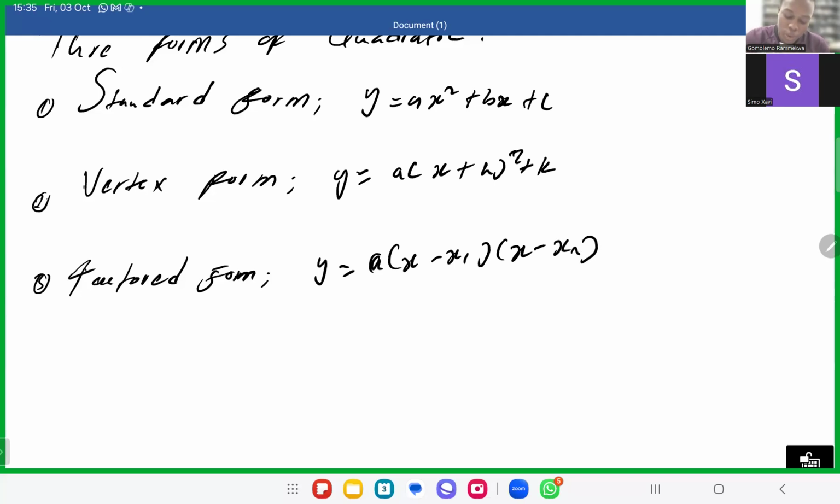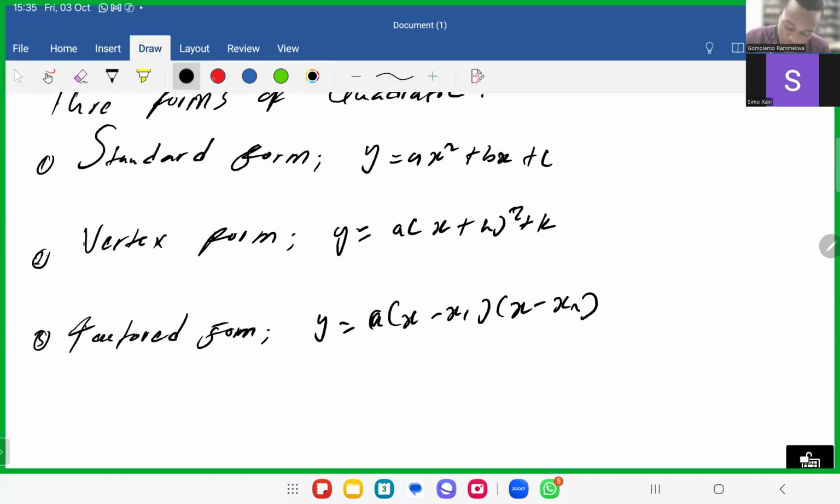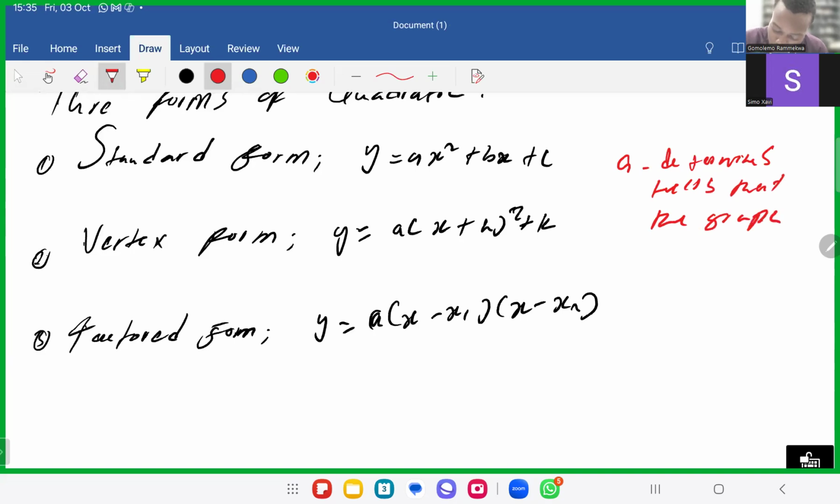Now, what are the effects of a from the standard form equation, the vertex form, and the factored form? The value of a tells whether the graph opens up or down.